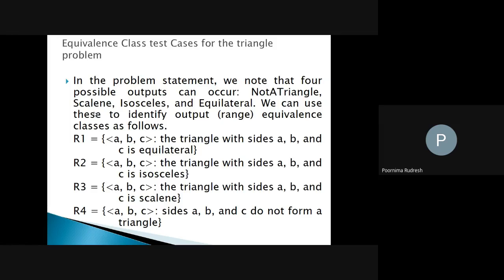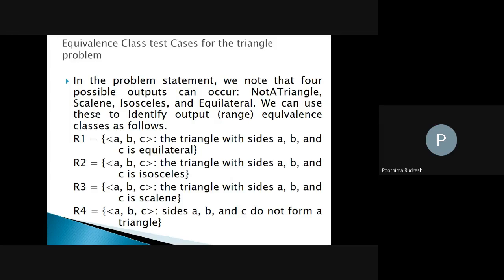Okay, so first we'll start with the triangle problem. As we already discussed, in the triangle problem we will have 4 possible outputs. What are those? The first 3 are the types of the triangle, that is whether it is equilateral, isosceles or scalene triangle, and the fourth is that it is not a triangle.